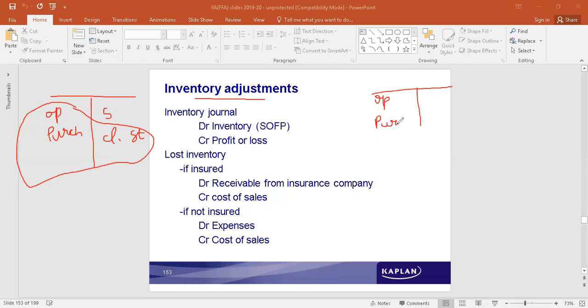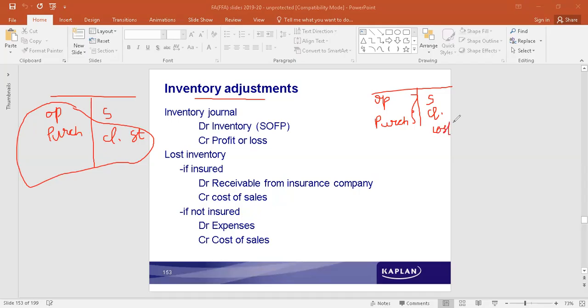This is purchases, so this is available goods. Out of these units, the easy to remember logic is a part of the units are sold, a part of the units are remaining as closing stock. Then we see that another part of inventory is lost by fire. These are lost.